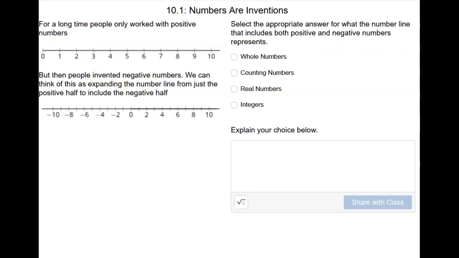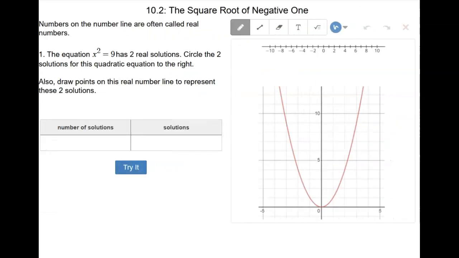So we're going to skip through a couple of these. And we have this graph right here that is the graph of x squared. Okay? Now it says the equation x squared equals 9 has two real solutions. And we want to circle the two solutions to the right. So if we take a straight line and we draw it through 9, you can see that that intersects that red graph in two different places.